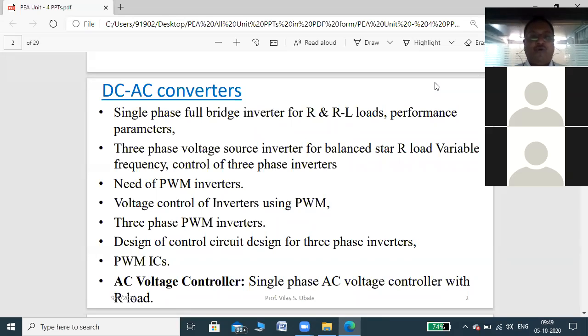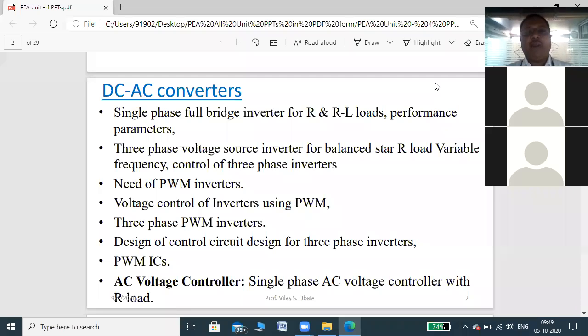Inverters are not only used at home for emergency purposes; the main use of inverters in industry is to provide variable frequency to control the speed of AC drives. So a DC to AC converter is called an inverter.